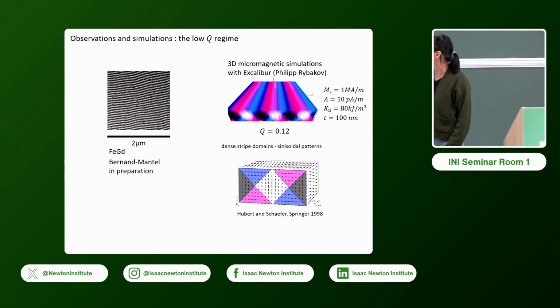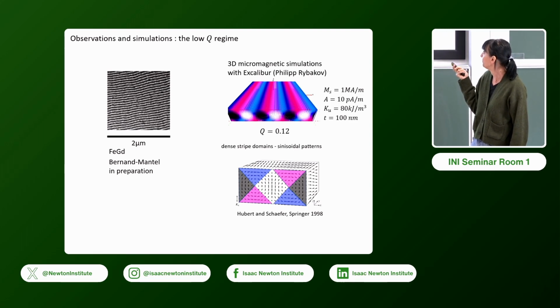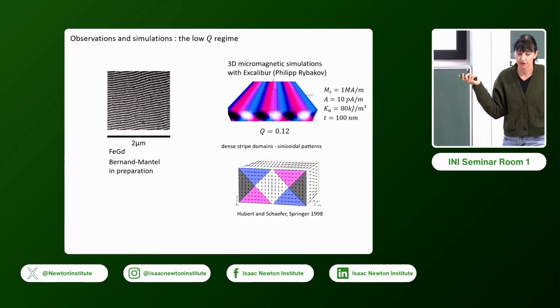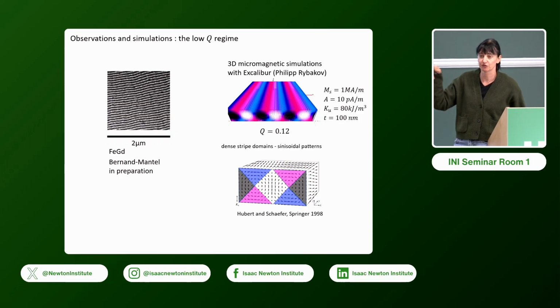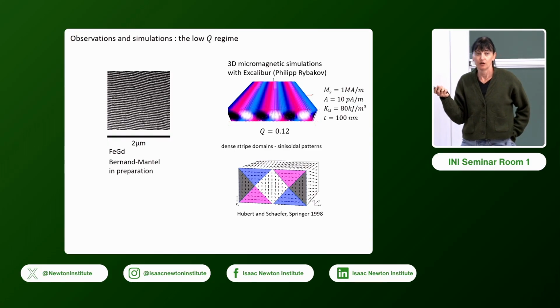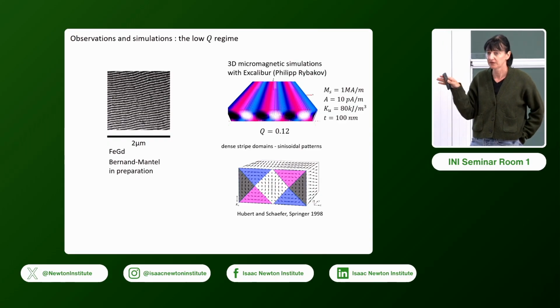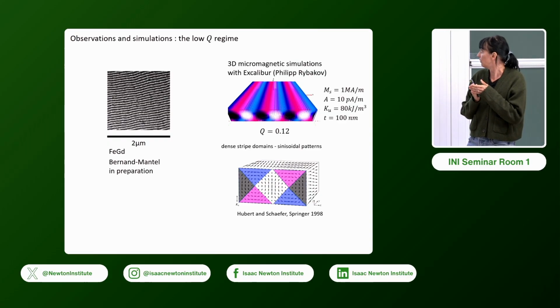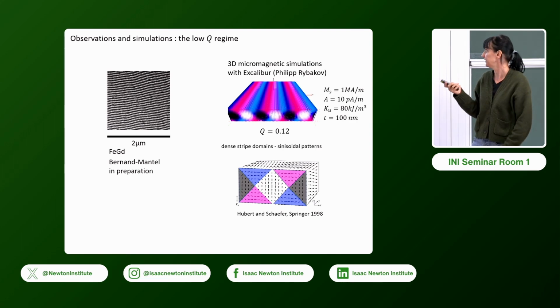But okay, so we can carry out some experiment and simulation in this low Q regime. And so you can see here an electron microscopy image, and we are actually interested in this regime because we are trying to observe stripes which are as small as possible, knowing that all these stripes will transform into what you can call bubbles, skyrmionic bubbles, skyrmions, depending whether there is DMI or not, depending on whether their topology is non-trivial or not.